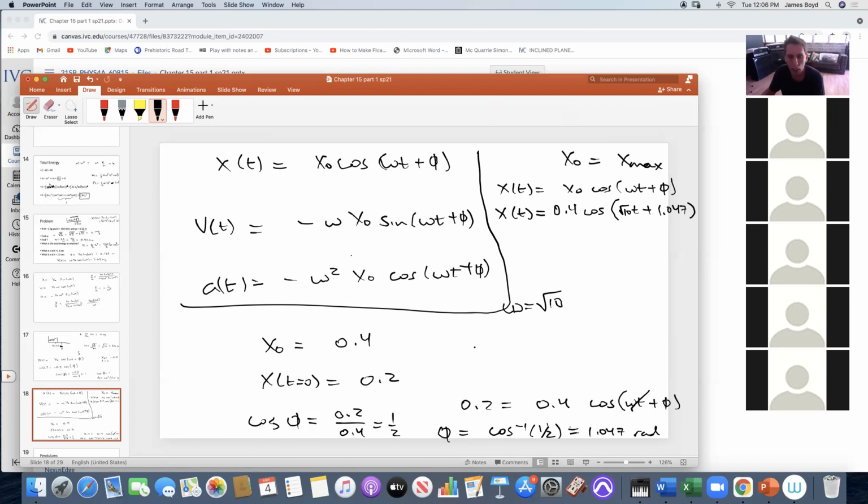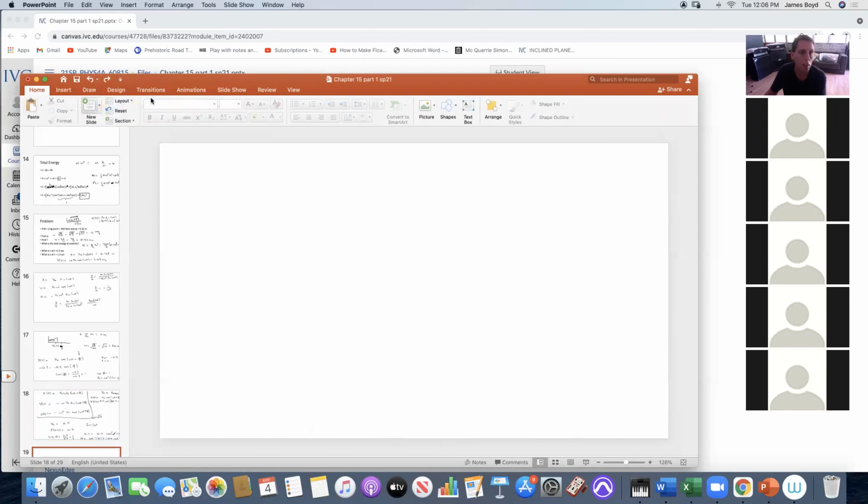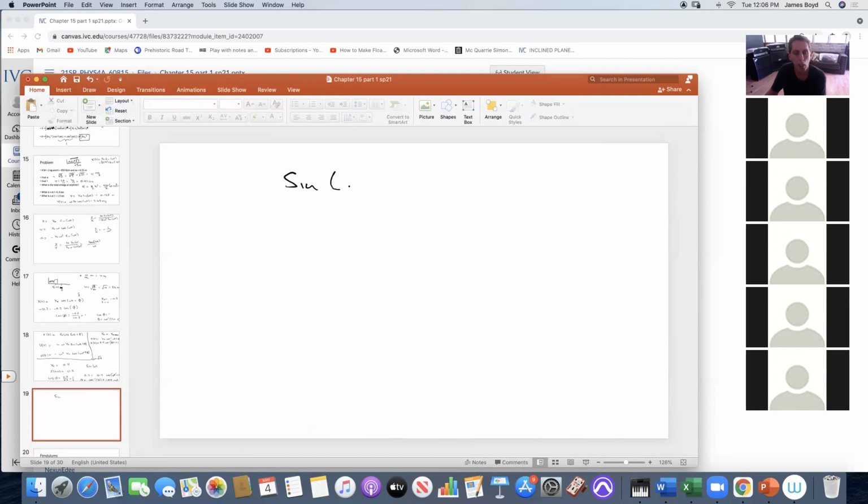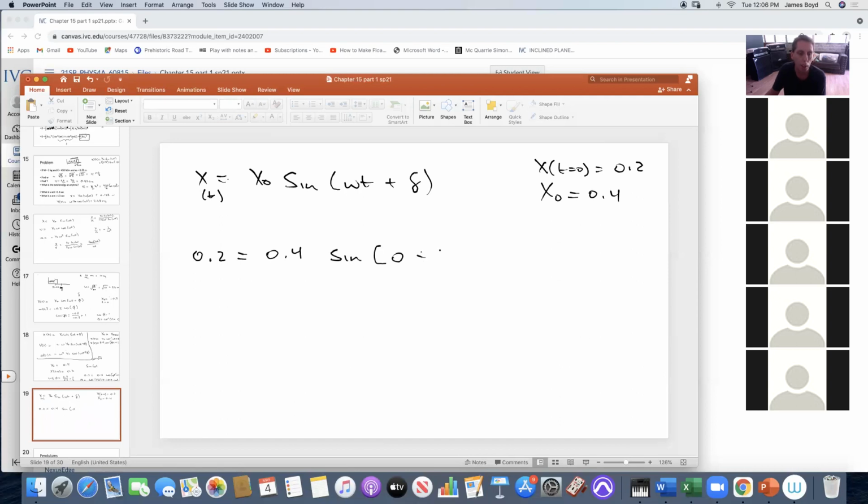If I did this as sine of omega t plus the phase, and again, I chose x when t was 0 to be 0.2, and I chose x naught to be 0.4, I could say this was 0.2 equals 0.4 sine of 0 plus phase.